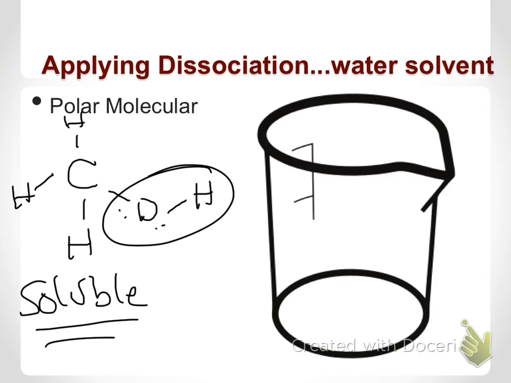So if this thing is soluble, because it is polar, and because it is molecular, this means it is not going to dissociate, because it is not made up of ions.